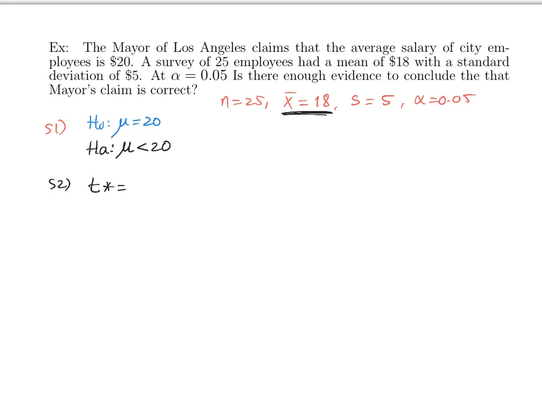So this is the square root of 25 times 18 minus 20 over 5, which is equal to negative 2. All right, any questions on this?